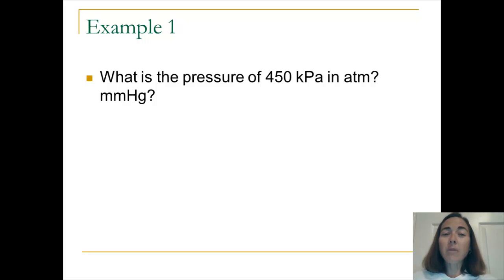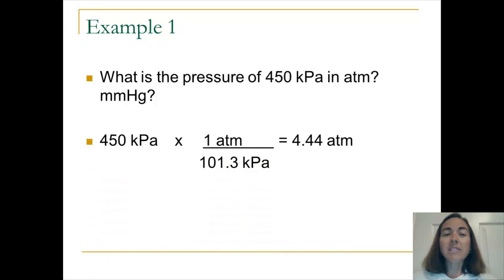In this problem, we need to convert the pressure of 450 kilopascals to atmospheres. And we're going to also convert it to millimeters of mercury. So let's do the atmospheres first. This is going to be set up just like every other conversion factor in chemistry. We wrote down our given first, which was 450 kPa, and then we set up a conversion factor. Now I know kPa has to cancel out, so it goes on the bottom, and I know I'm looking for atmospheres, so that goes on top.